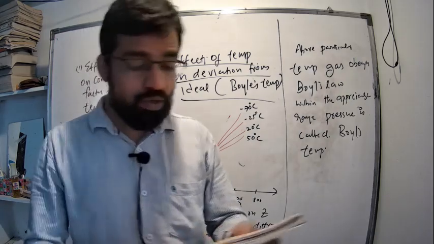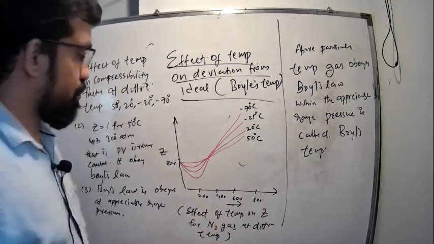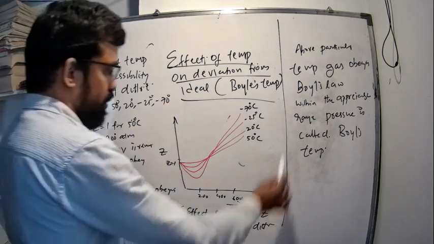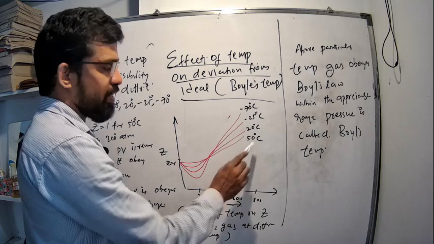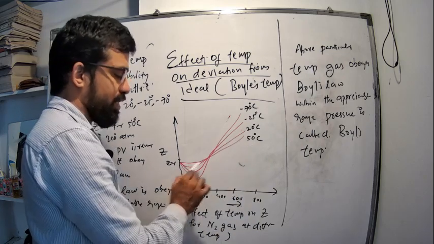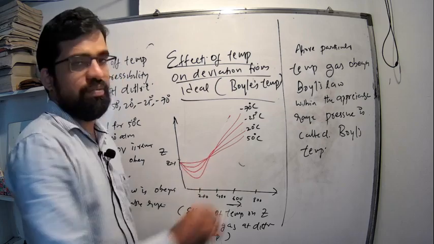So, from this plot we found that Boyle's temperature for nitrogen gas is 50 degree, because it obeys Boyle's law within the appreciable range of pressure.